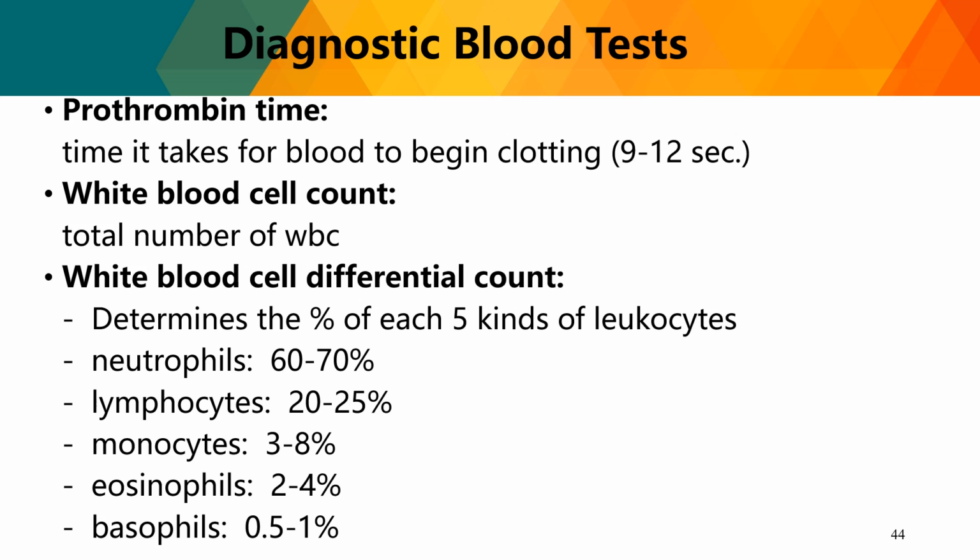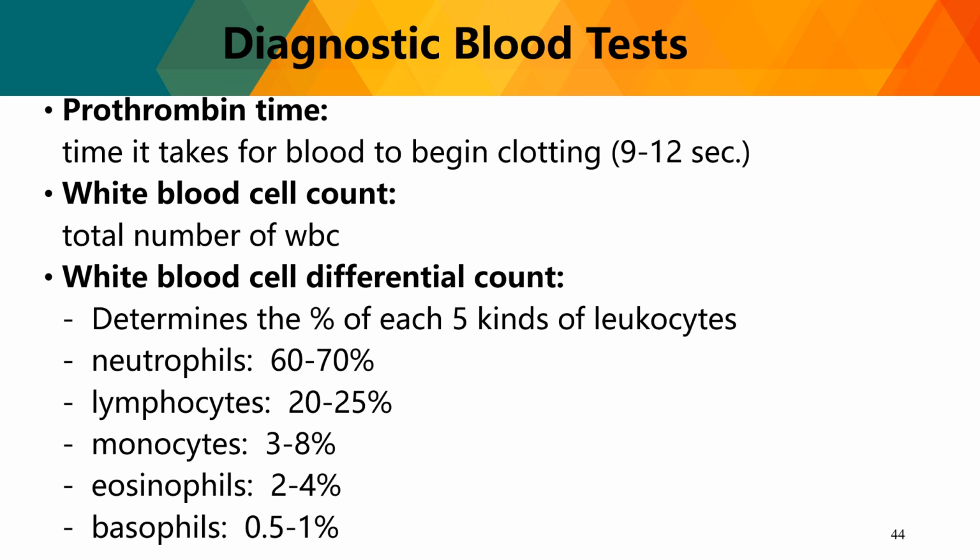So next you have the prothrombin time. This is the time it takes for the blood to begin clotting. The normal is around 9 to 12 seconds. And then you have the white blood cell count, the total number of your white blood cells. The white blood cell differential count determines the percent of each of the 5 kinds of your leukocytes.